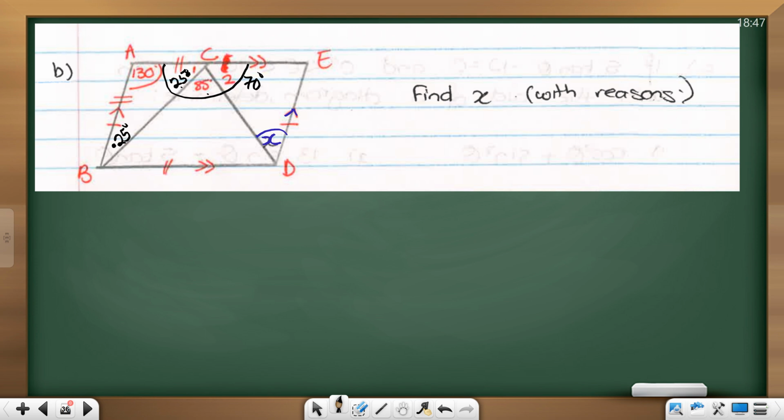Interior. Now check this. Angles will give us what? What is 180 minus 130? Child, the fifth angle is what? 50 degrees. The angle is also what? 50.